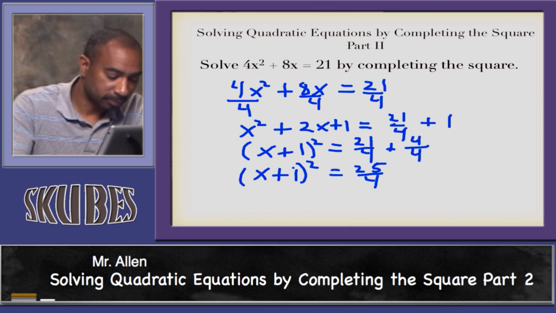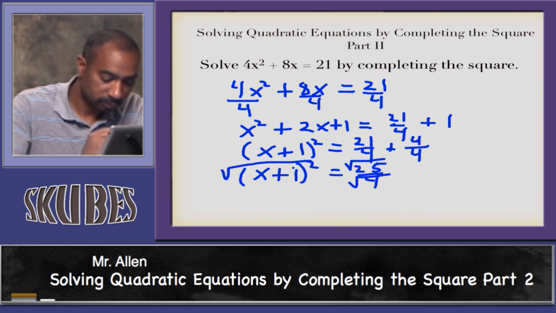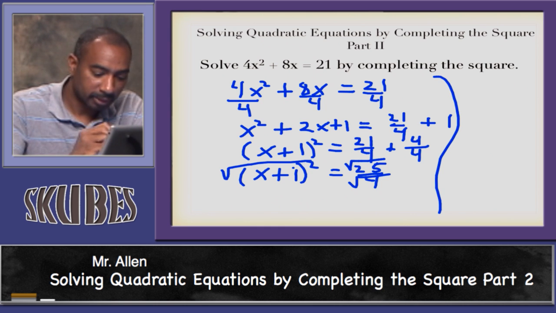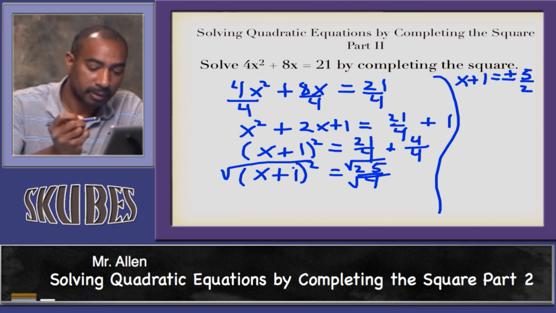x plus 1 squared. And I take the square root to both sides. And when I do that, I'm going to get x plus 1 equals plus or minus 5 halves. And I'm going to subtract 1 to both sides.